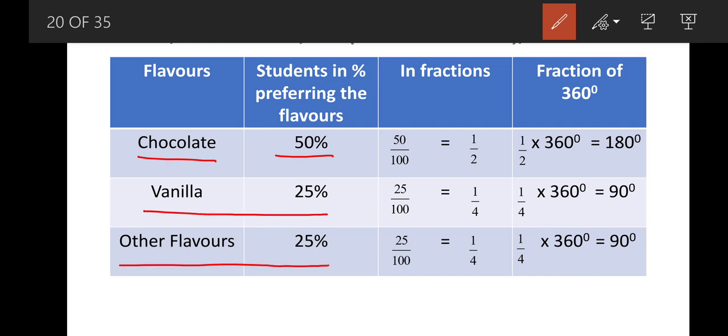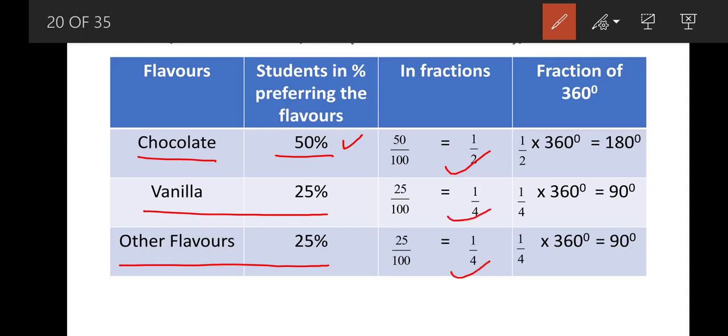First of all, as percentage is given to me, what do we mean by a percentage? When the denominator is 100. So 50 over 100 I have converted into a fraction, that is 1 over 2. Here 25 over 100 is 1 over 4, and 25 over 100 is again 1 over 4.